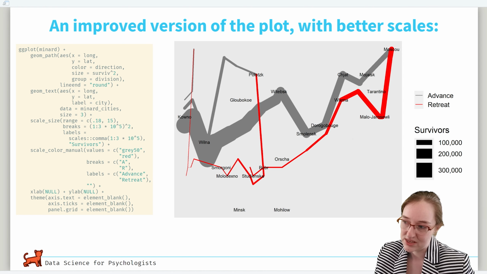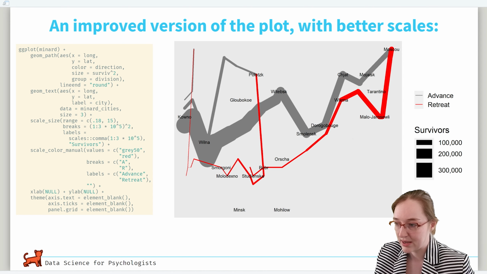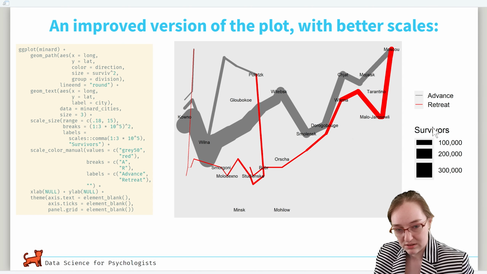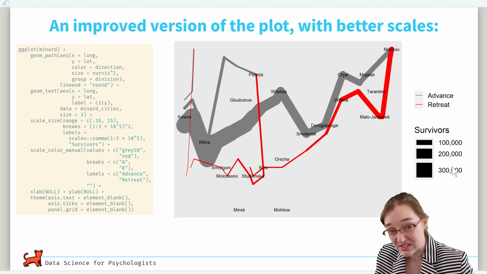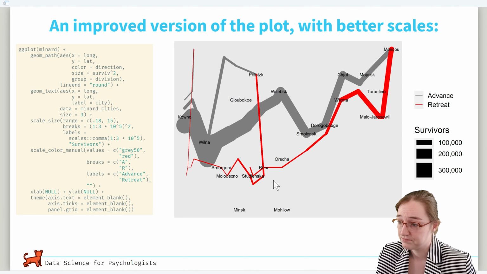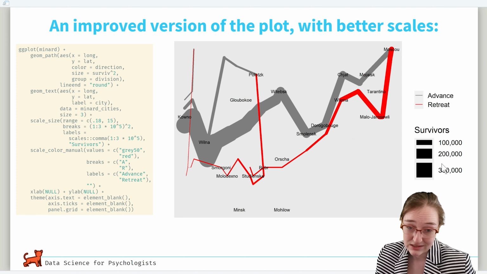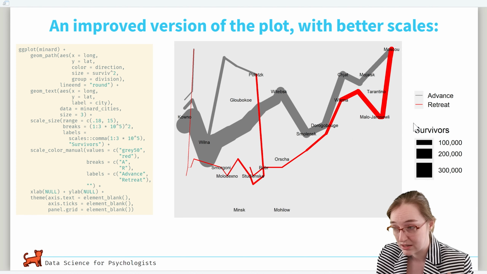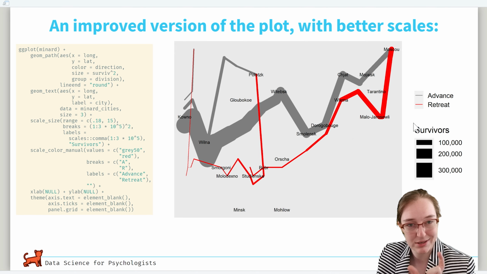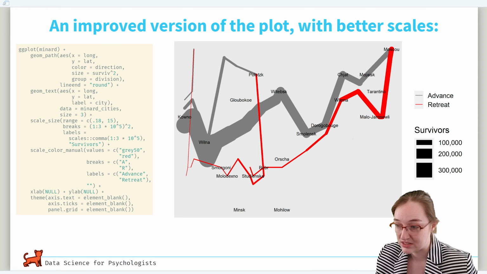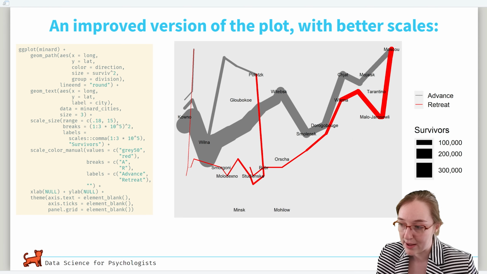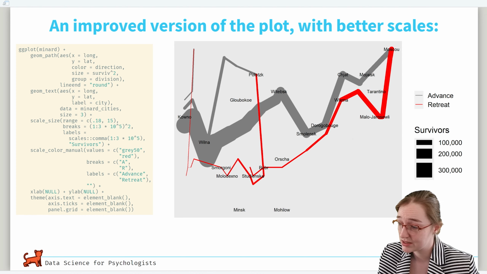I've done some manual typing in here, given it some breaks, just to break down our survivors into at least three chunks so we can see it. Now, this is a continuous scale, but the breaks are there to illustrate various widths. We've also set some colors. We've got gray and red. We've got the breaks and labels of advance versus retreat.